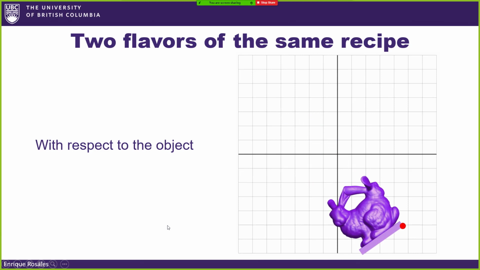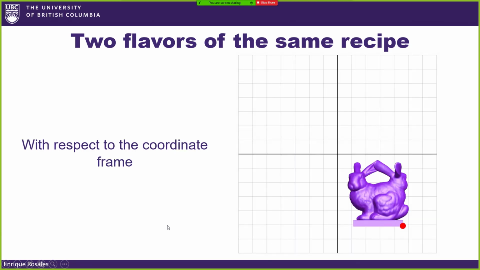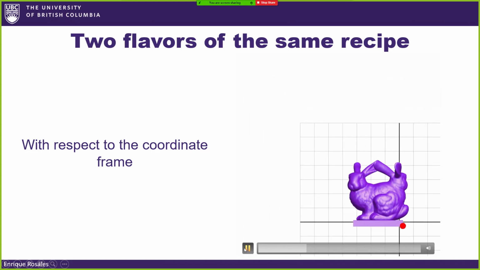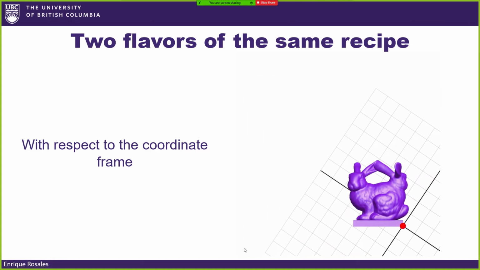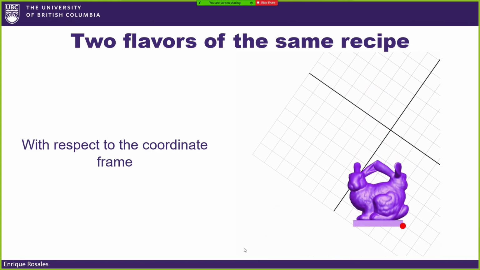And another version, which is probably weird for you, but sometimes we use it, is instead of applying this composition with respect to the object, we can also apply it with respect to the coordinate frame. So in this animation it is the opposite. We get the origin of the world, we translate it to the point P, and then we rotate the world and we get the new transformation.